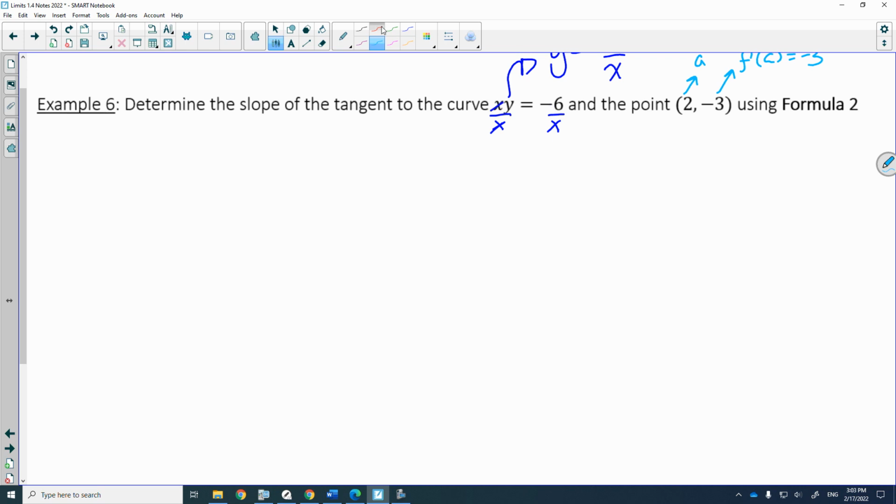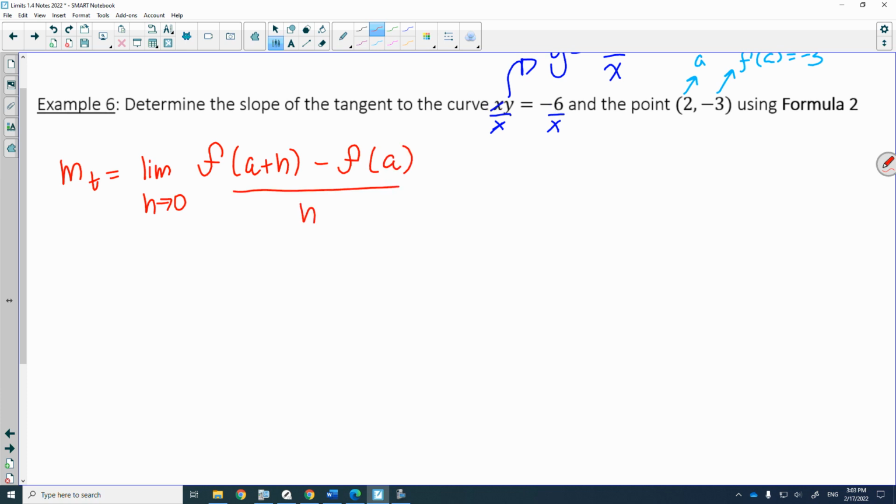The slope of the tangent is given by the limit as h approaches 0 of f of a plus h minus f of a all over h. That is equal to the limit as h approaches 0 of.